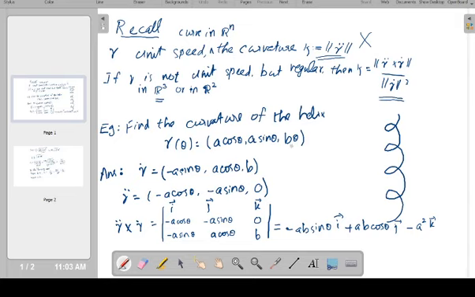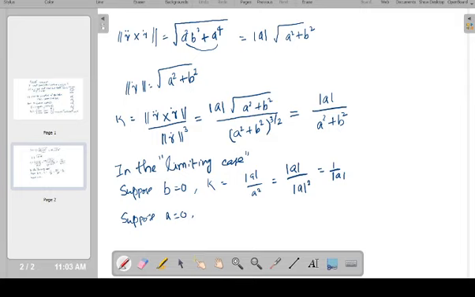And the curvature of the z axis, which is a straight line, must be equal to 0. And according to the formula for curvature we obtained, when a equal to 0, kappa is again equal to 0. So this formula agrees with the limiting cases. Thank you.